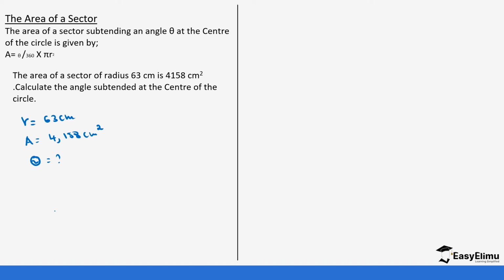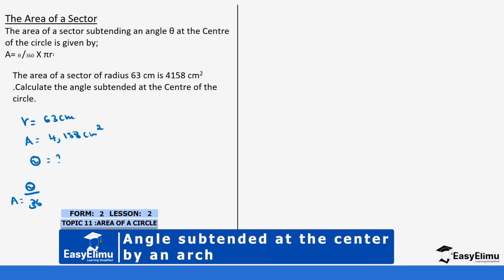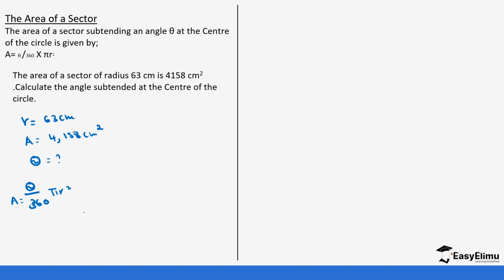So let's do that. First of all, we write the formula, which is the area is equal to the angle over 360 times pi r squared. We've not been given a specific value for pi, so we're going to stick with 22 over 7. So our area now is 4,158 is equal to our angle, which we do not know, over 360 times 22 over 7 times our radius, 63 times 63.